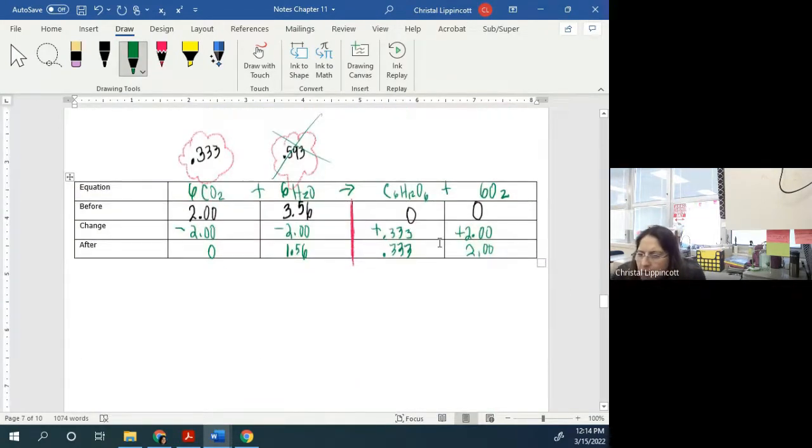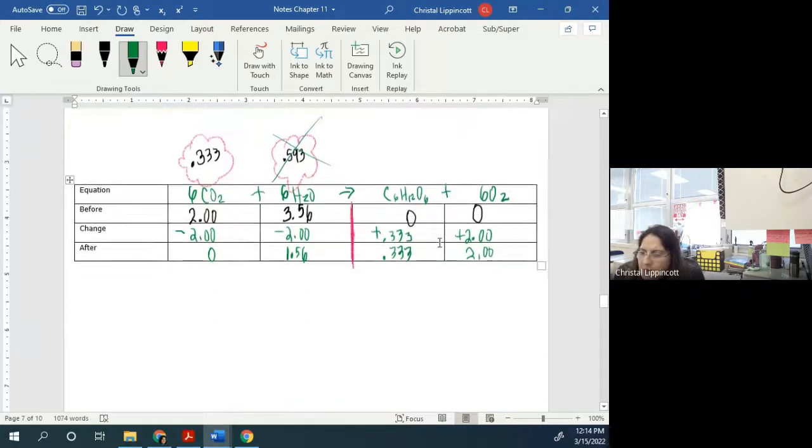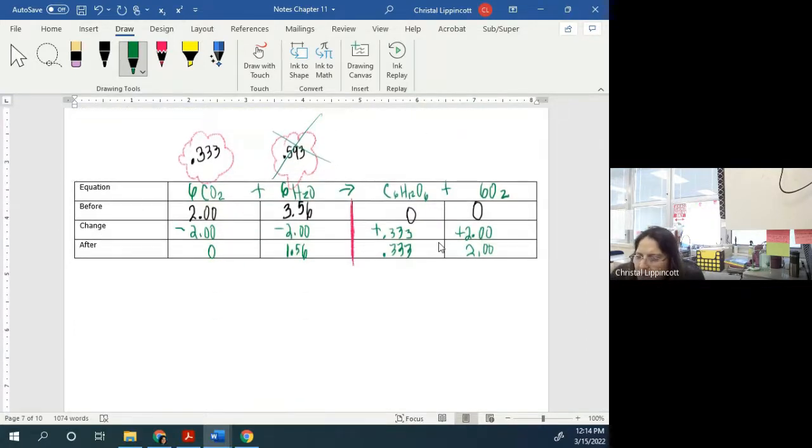So then, when I get done here, I need to figure out my mass of each of these. I won't have any of this left. I'm going to multiply this by 18, this by 180, and this by 32.